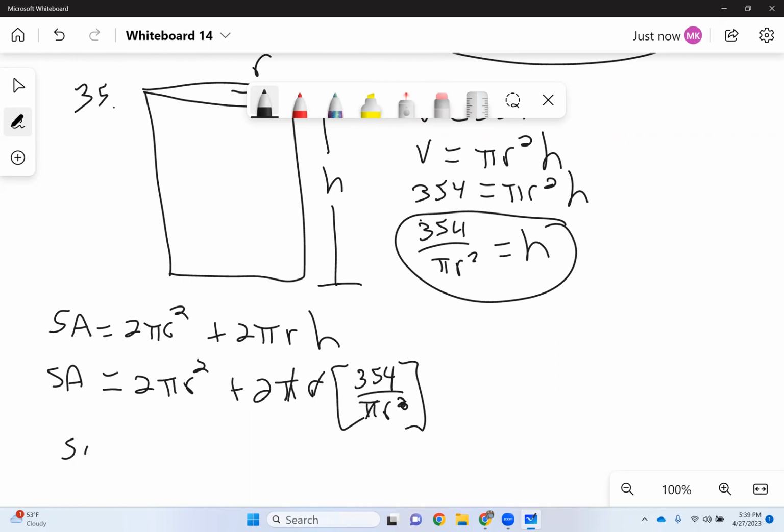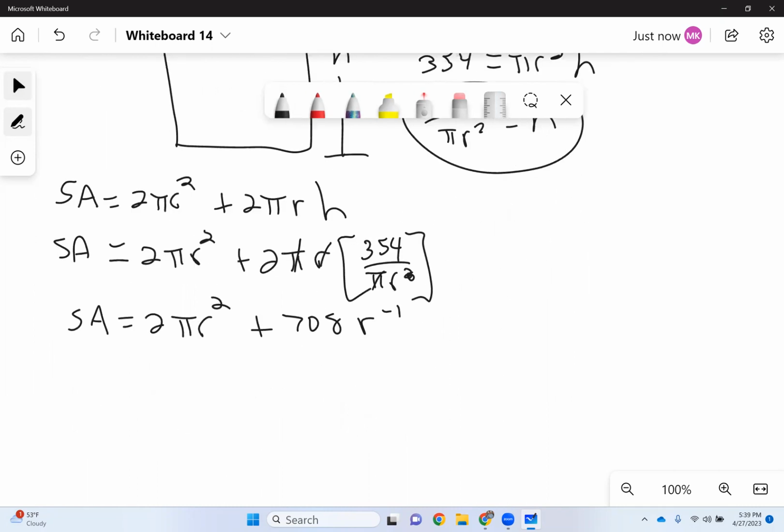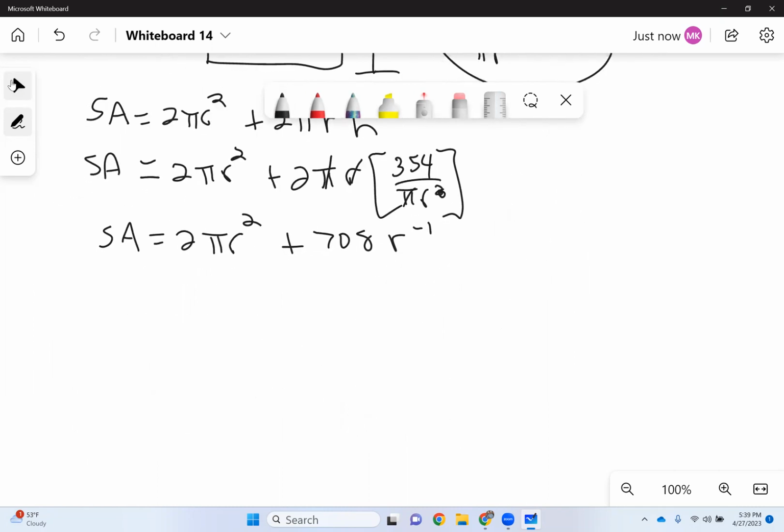So surface area equals 2 pi r squared plus, 350 is 7 times 2 is 700, for 708 r to the negative 1. All right. Take the derivative.